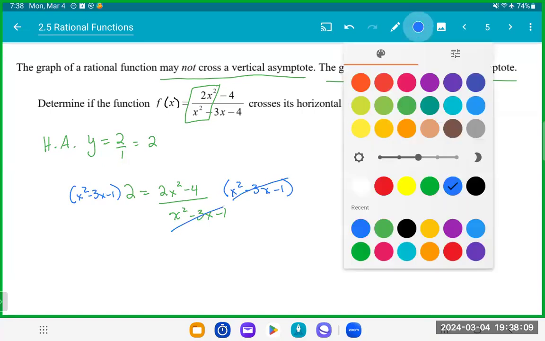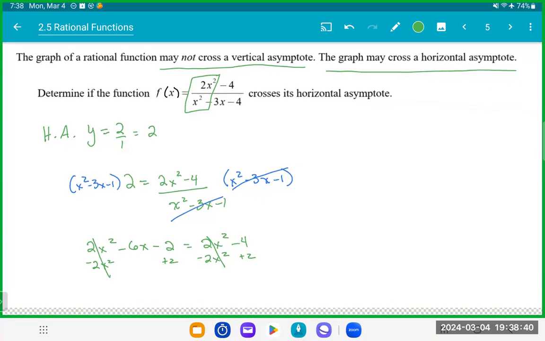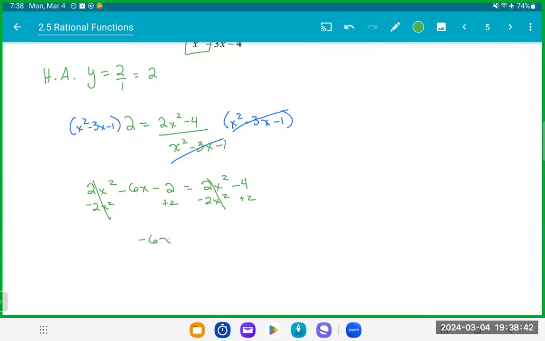And this is going to give me 2x squared minus 6x minus 2 equals 2x squared minus 4. Okay, let's combine like terms. So minus 2x squared minus 2x squared. Let's add 2 to both sides. So these two terms go away. And we're left with negative 6x is equal to negative 2.